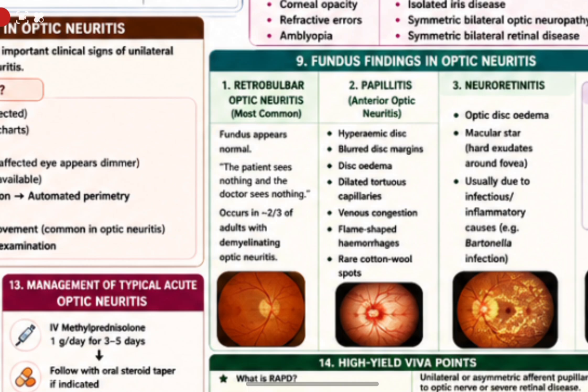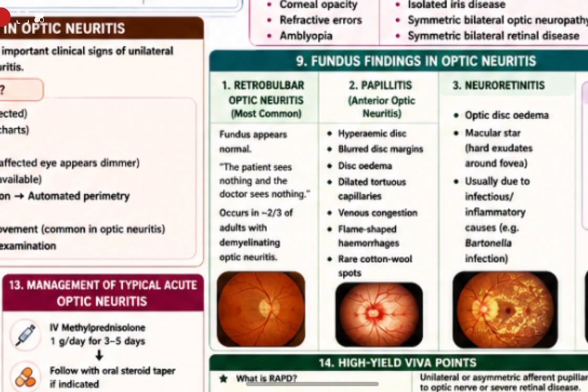Second, we have anterior optic neuritis or papillitis. The fundus will show a hyperemic optic disc, blurred disc margins, disc edema, dilated tortuous disc capillaries, venous congestion, occasional flame-shaped hemorrhages, and rarely cotton wool spots. Third, we can find neuroretinitis, where there is optic disc edema and a macular star of hard exudates.